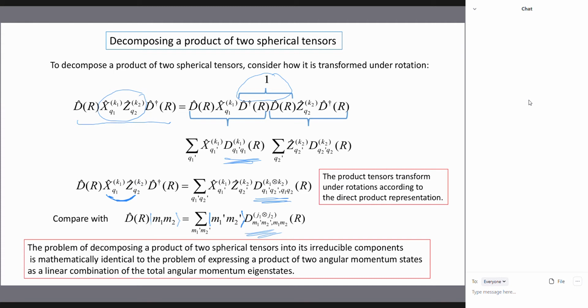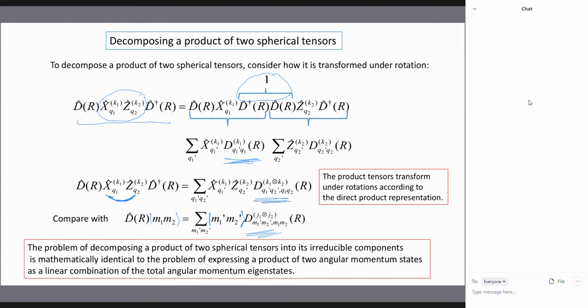This means that decomposing a product of spherical tensors into its irreducible components is really identical to decomposing a product of two angular momentum states into linear combinations of total angular momentum eigenstates.